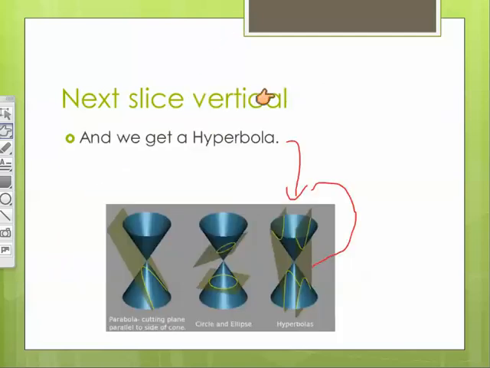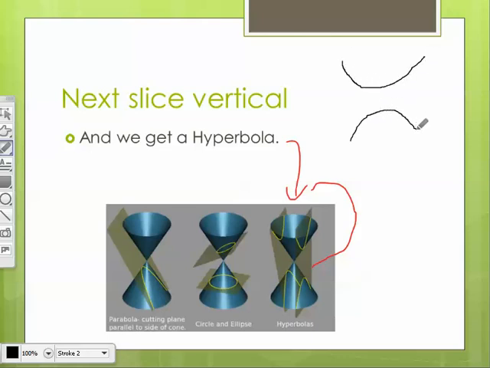Now we're going to look at a hyperbola. In a hyperbola, what you're going to wind up with is two parabolas that are opposite each other, like that. There's a couple things about these hyperbolas that you probably need to know. There is a line that is asymptotic going both directions here, like that.